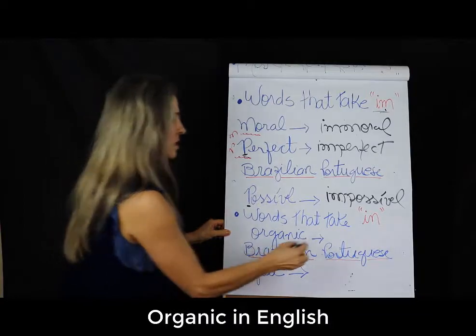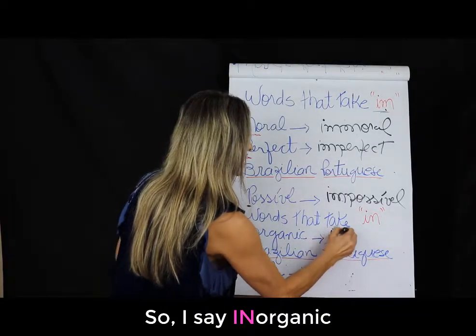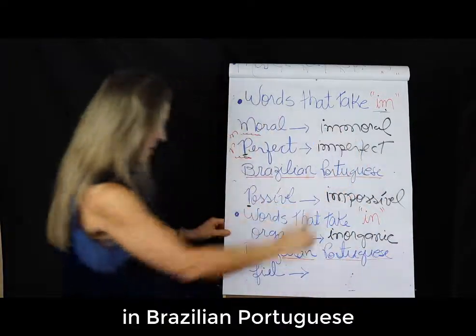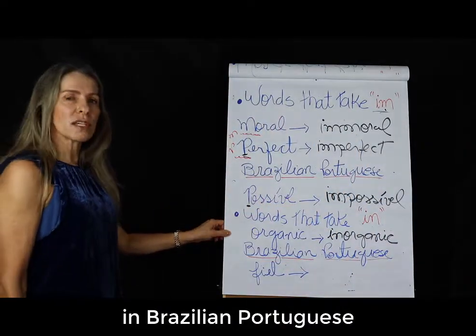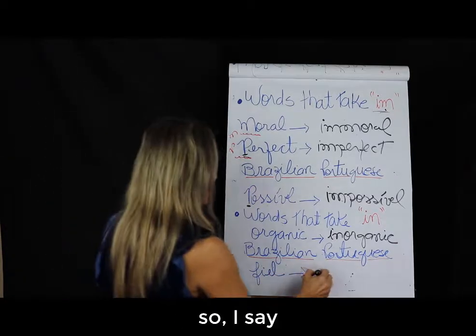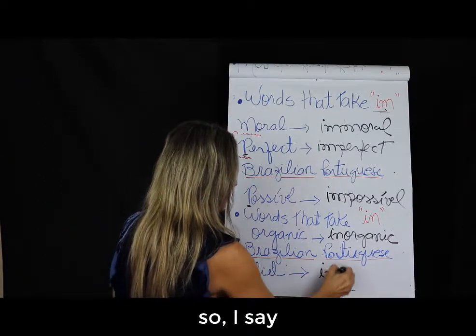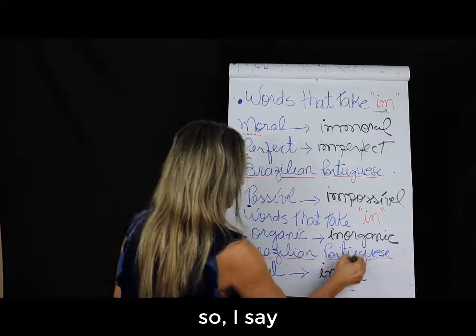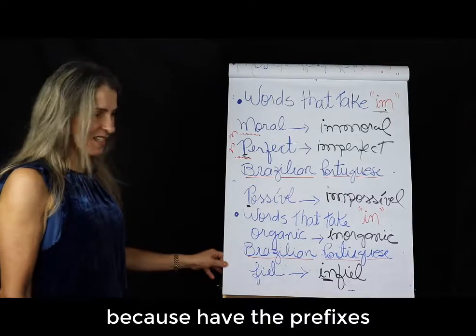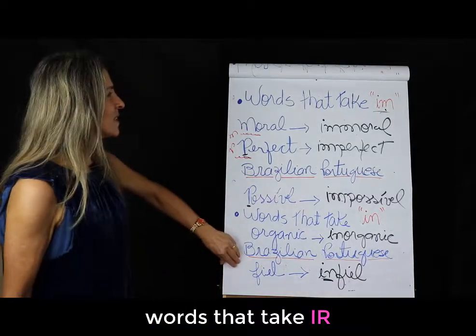Now, words that take in. Organic in English. So I say inorganic. In Brazilian Portuguese, fiel, faithful. So I say infiel. It's a negative idea because of the prefixes. Vamos continuar? Ok.